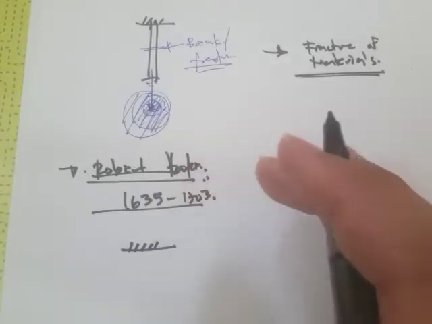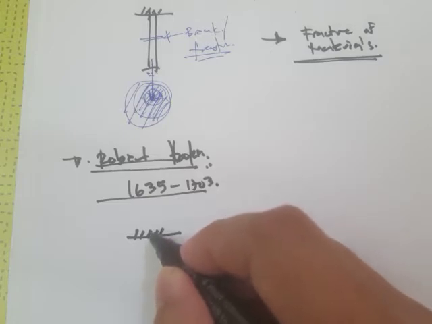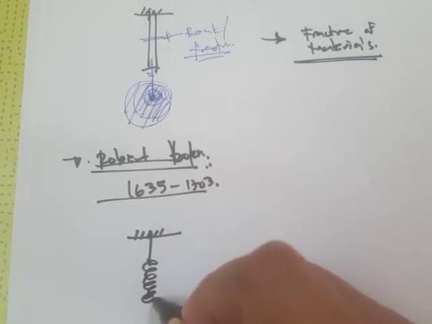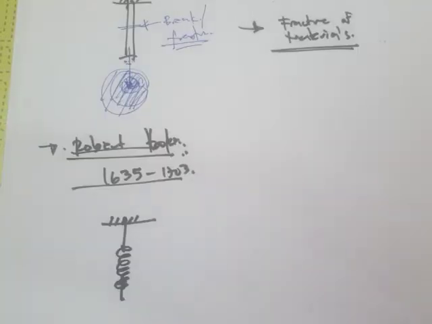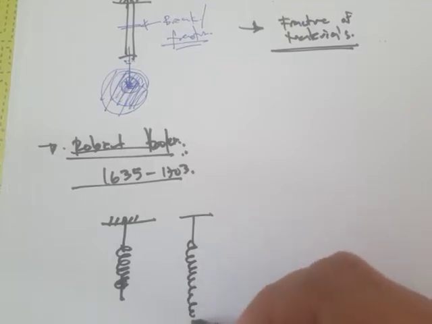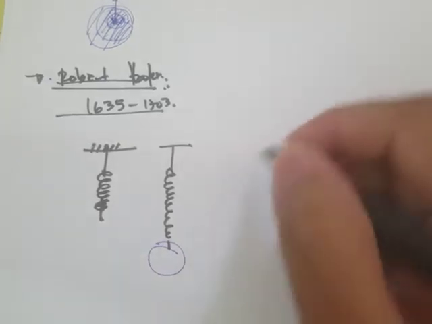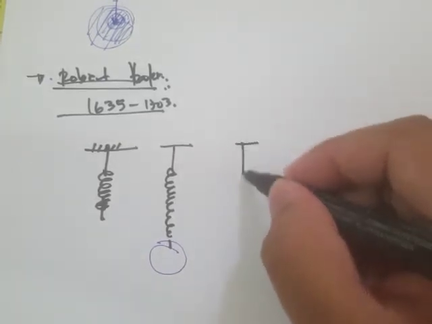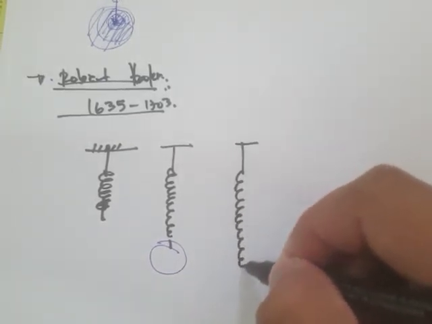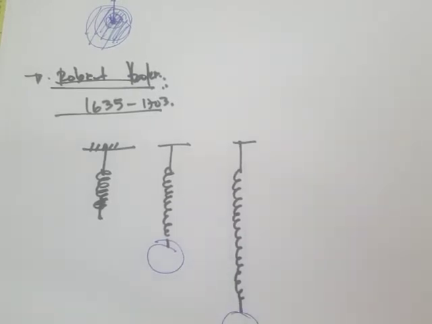So the setup is that here's the spring, and he noticed that once he applied a load on the spring, the spring elongates. Let's say this is the load, and if we increase the load, he noticed that there's also an increase in the deformation.